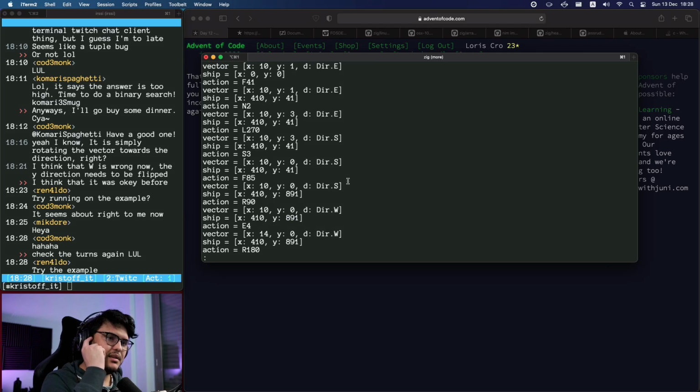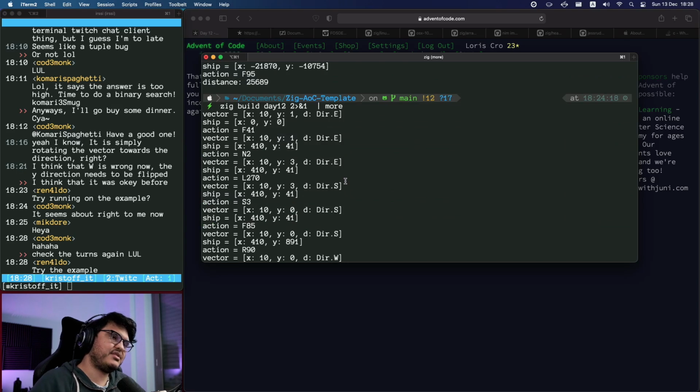Yeah, you're right. Maybe I should try the example, but let me just debug my stuff for a little bit. So, vector position 10. I think I can see what's wrong here. What is going on? Oh no, yeah, because it's 41. Okay, right.